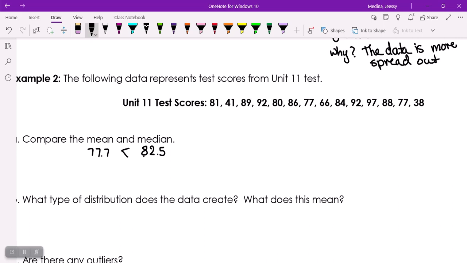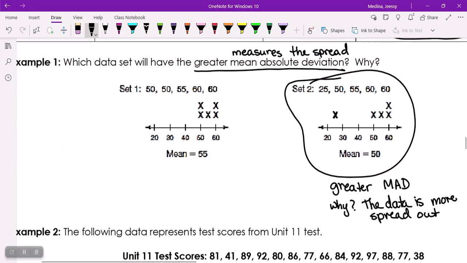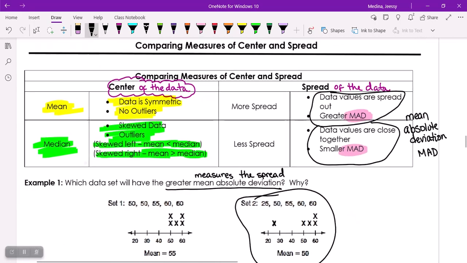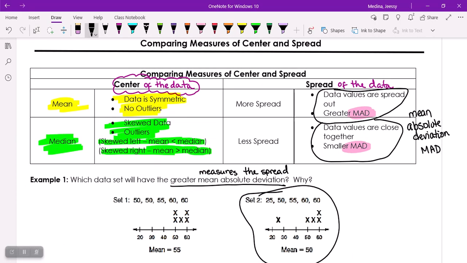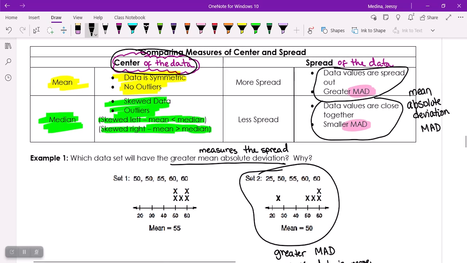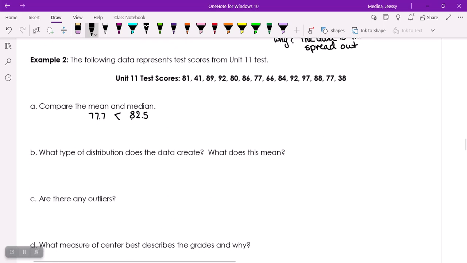The mean and the median don't measure spread. Exactly. The mean and the median measure the center of the data. And when your median is higher, it means that your data is skewed.